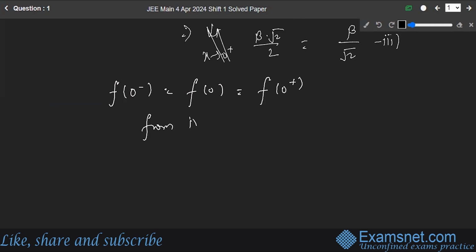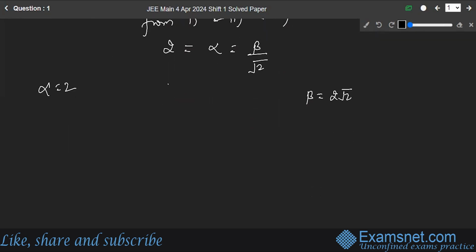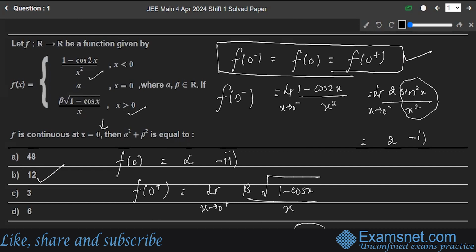Now from 1, 2 and 3, what you have is 2 is equal to alpha is equal to beta upon root 2. So alpha is equal to 2, beta will be equal to 2 root 2. You have to find alpha square plus beta square, which is equal to 4 plus 8, 12. This is the answer to the question, option B.